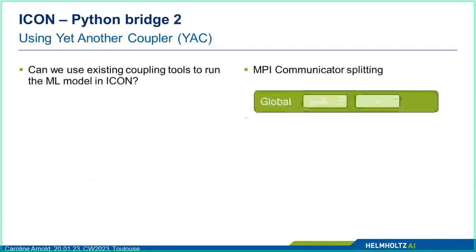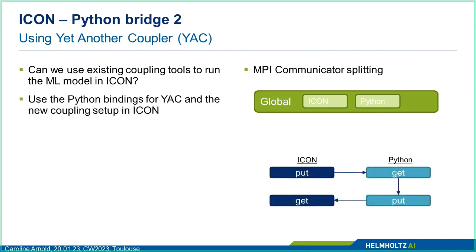So we also decided to use existing solutions to couple arbitrary Python processes to ICON using the very nice Python bindings that Moritz just introduced. So as Moritz just said, ICON now has the possibility to attach any external program because this MPI communicator splitting is working better now than before. And we're using the Python bindings to exchange fields between ICON and Python.